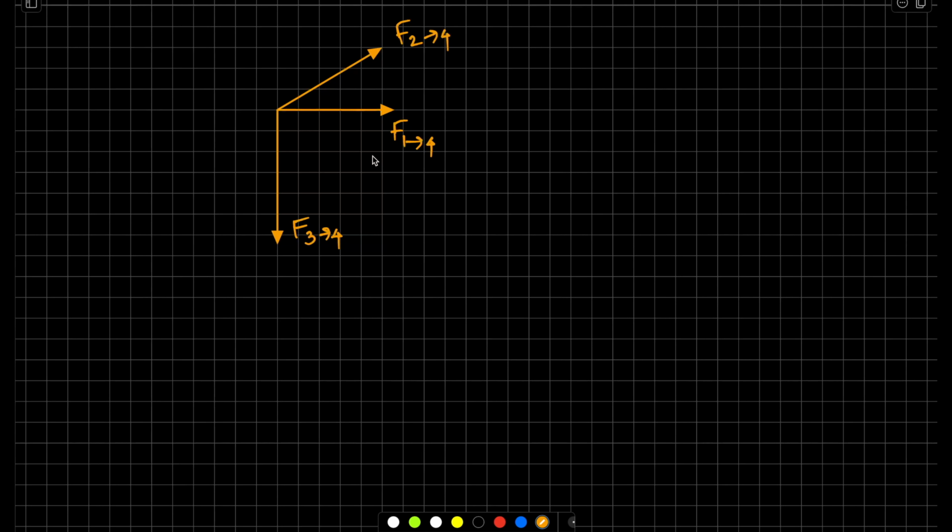Okay, so we have three vectors in three different directions. To find the net force or the resultant vector, we will find the components of these vectors, then add x components together and y components together. Before solving vectors, let's recall a bit about vectors. Let's say we have a vector like this. How do you draw the components of these vectors?